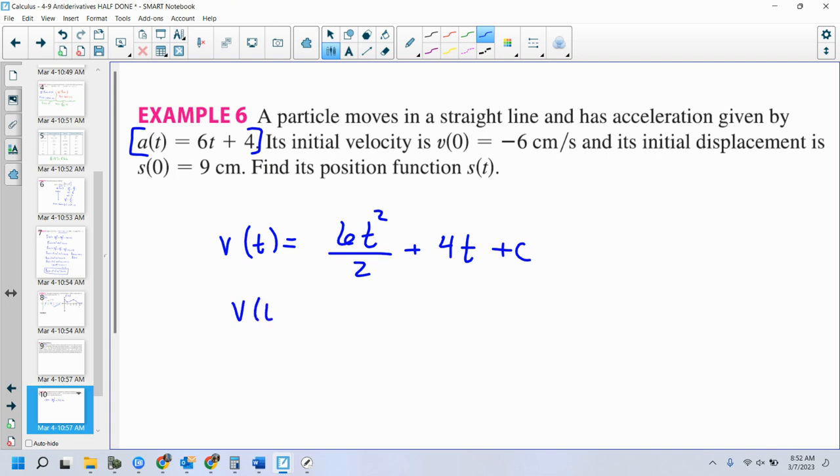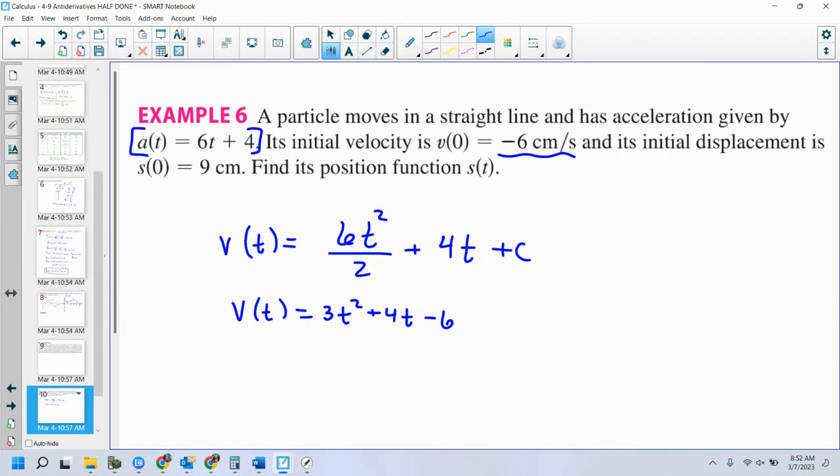Reduce that: v of t is equal to 3t squared plus 4t. Well, what is c in this case? What is our starting velocity? Isn't our y-intercept the starting value? Negative 6.